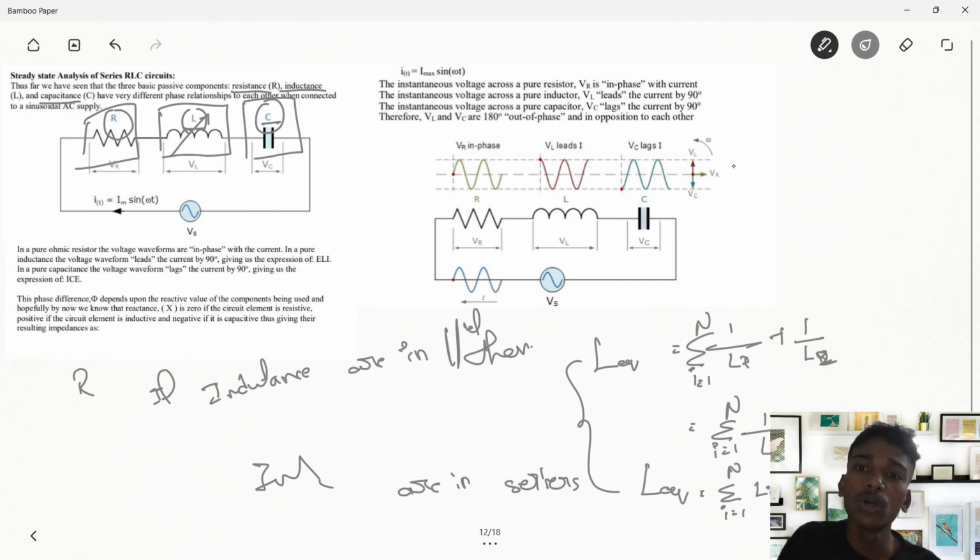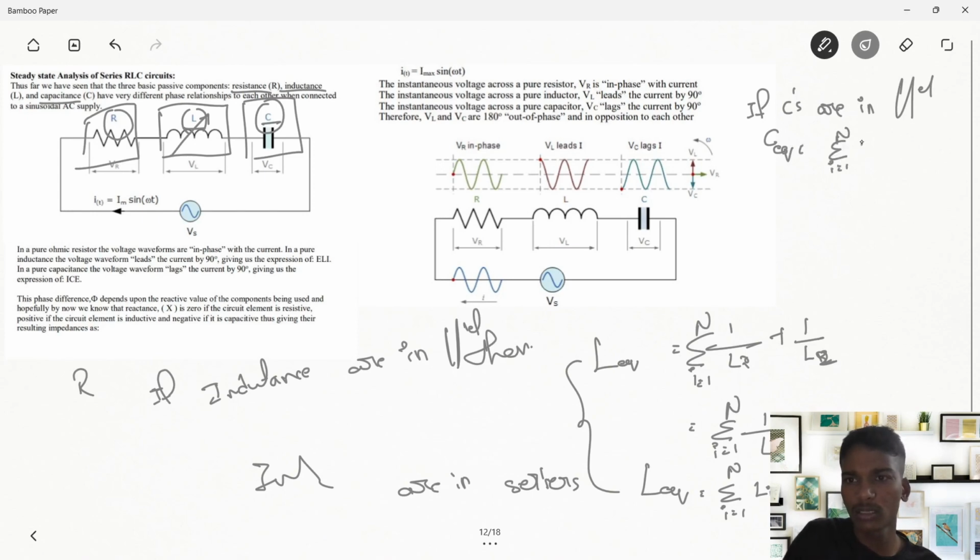But when it comes to capacitance, if capacitors are in parallel, then C equivalent equals the summation of Ci, i equal to 1 to n.